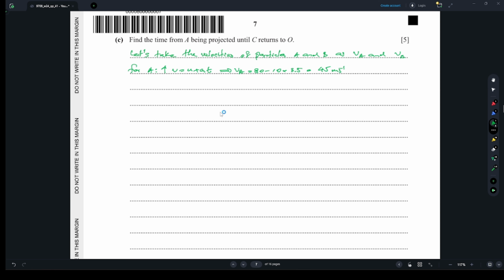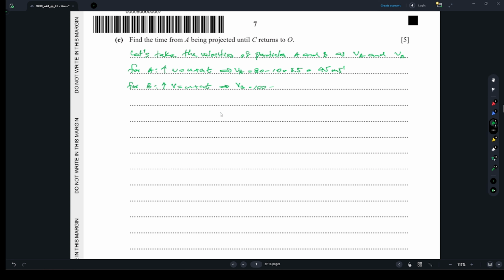And also for particle B, the same, v equals u plus at. Remember, when you apply these motion equations, try to indicate the direction you are applying them in, so it is easy for the person checking your paper to see in which direction you applied those equations, because these are vectors, right?